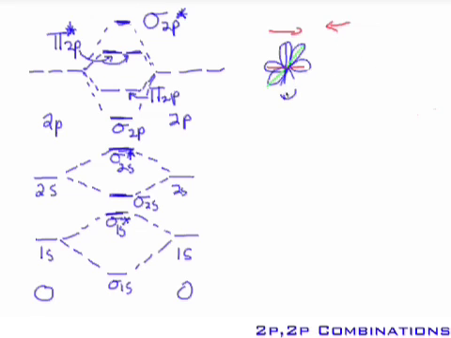Well, when two 2p orbitals collide in phase and out of phase in a head-on collision, it depends on the overlap of the lobes as to whether there's enhancement, whether they're in phase or out of phase.